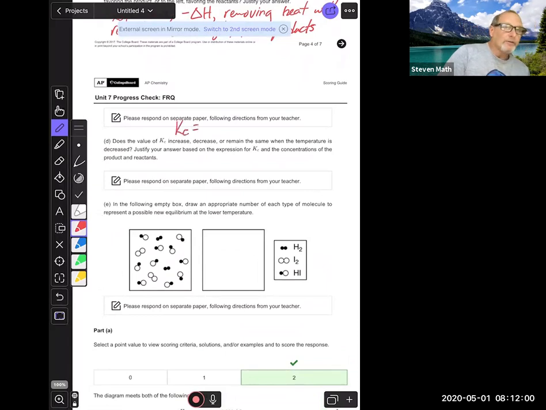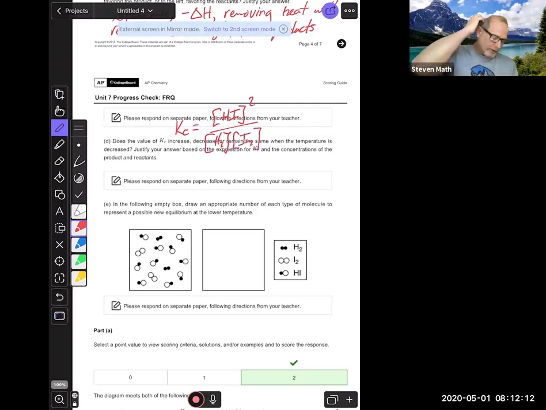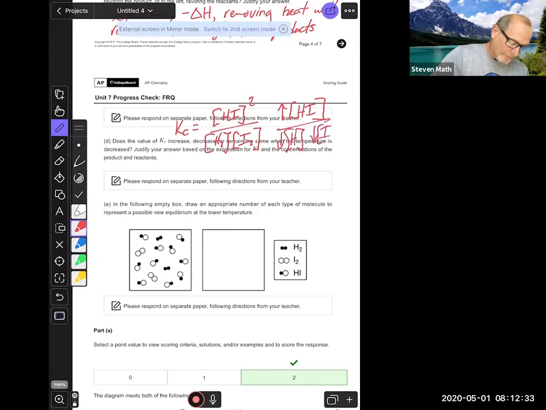Kc is going to be equal to HI squared over H2 times I2. And so when the temperature is decreased, we're shifting it to the right. So we increase the HI, which would decrease the H2, decrease the I2. And this is going to lead to a bigger Kc. So Kc increases.